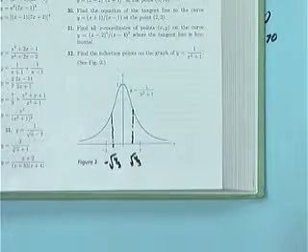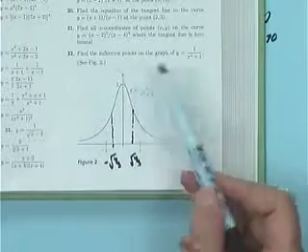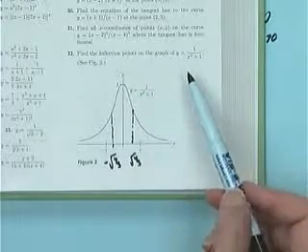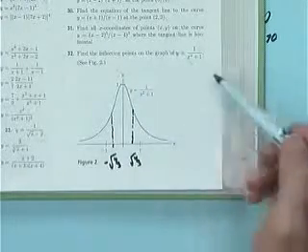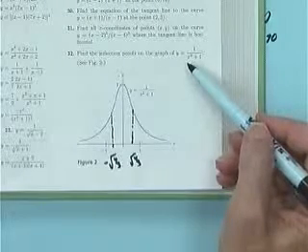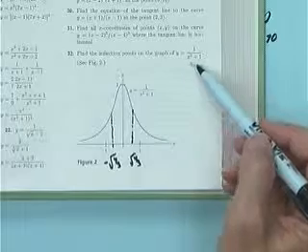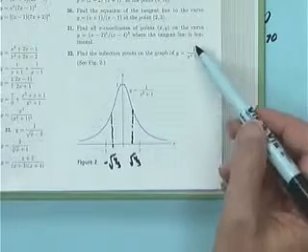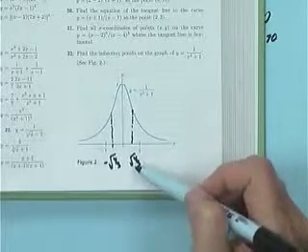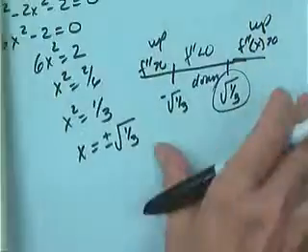All right, and then they want the point, so you have to find the y value, which is not going to be too hard to do because you're going to be squaring a square root. So you basically have 1 over 1/3 plus 1. When you substitute the square root in there, some of you are looking at me like you don't know that. You have to find the y value.